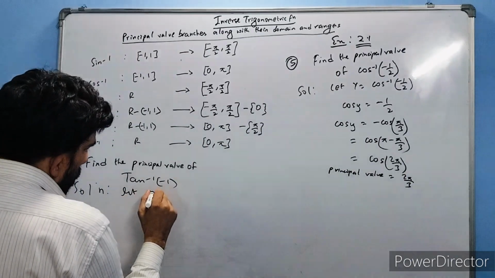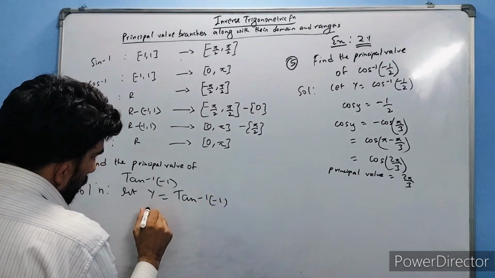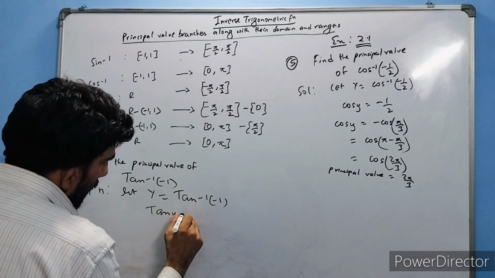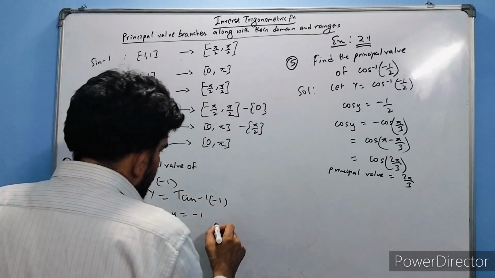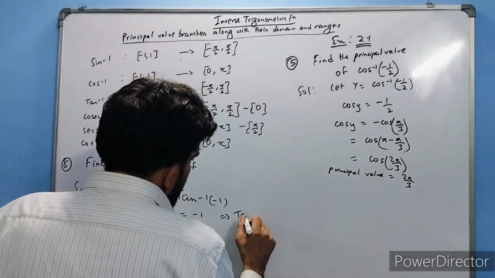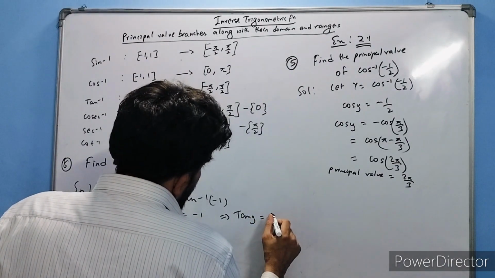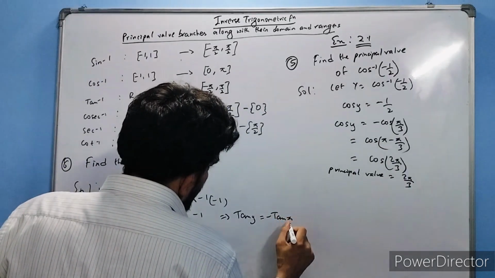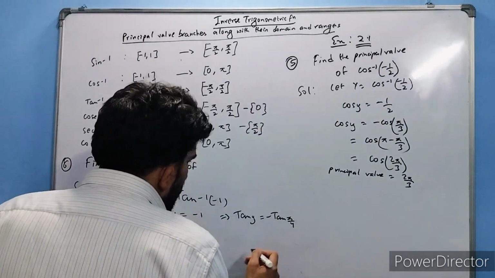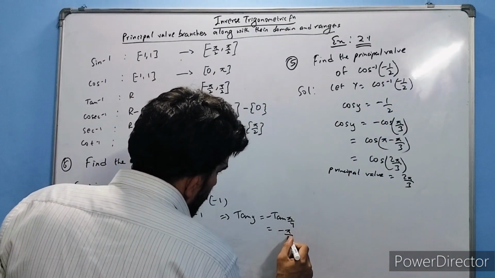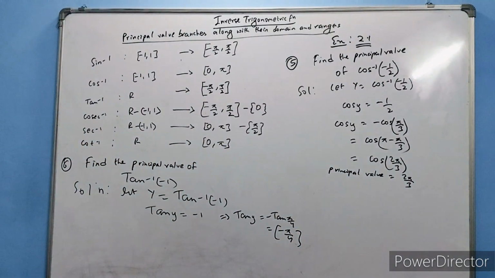Let y is equal to tan inverse minus 1. We have tan y is equal to minus 1, or we can say tan y is equal to minus tan pi by 4, or we can say minus pi by 4. That is the principal value of this function.